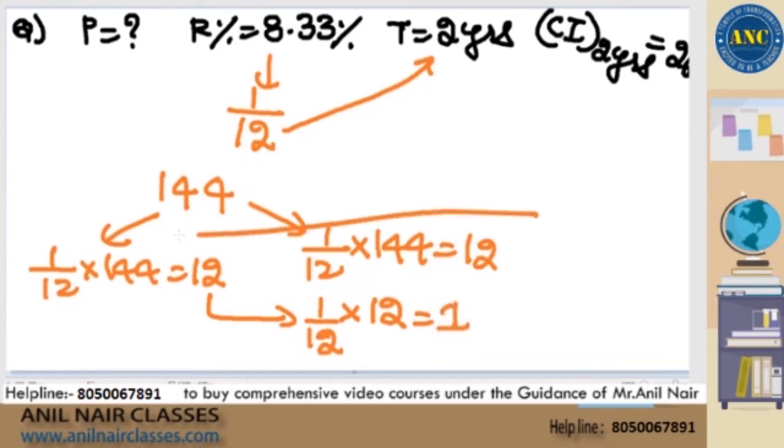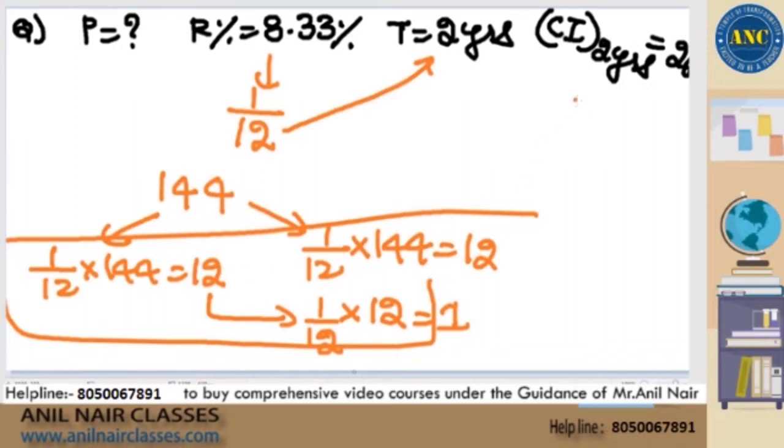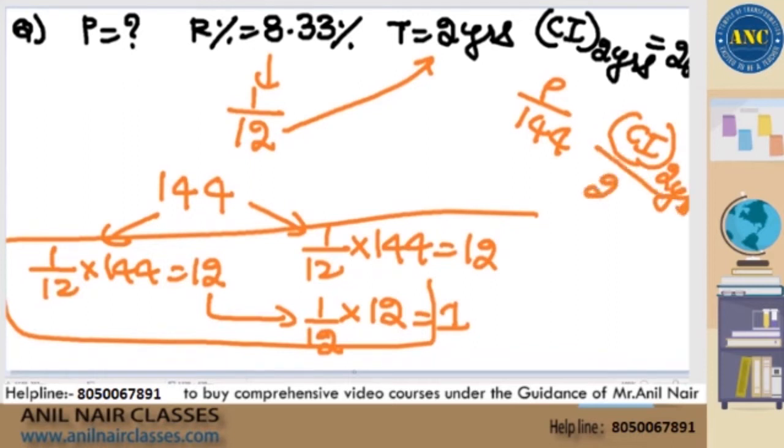So total how much did I get? 12 plus 12 is 24, plus 1 is 25. So if principal is 144, compound interest for 2 years is 25, but I want 260.